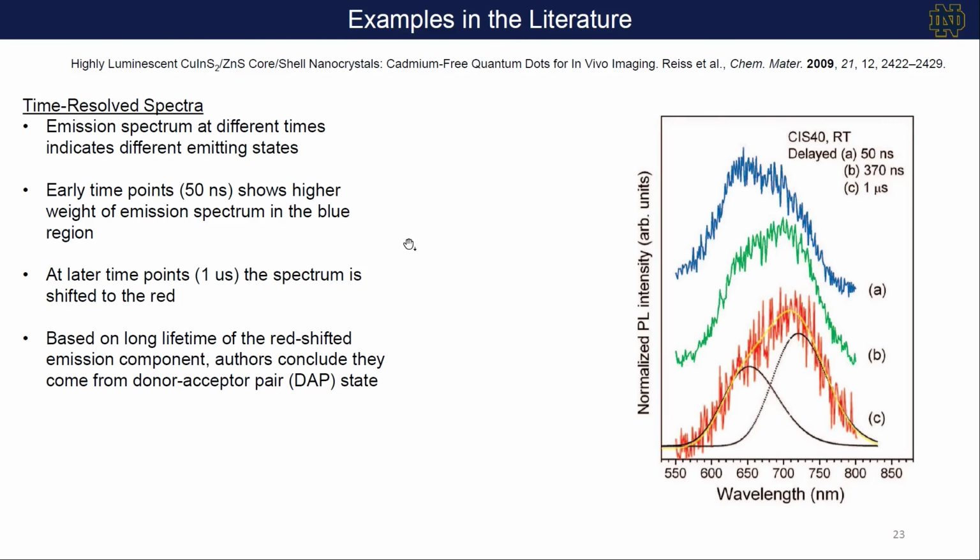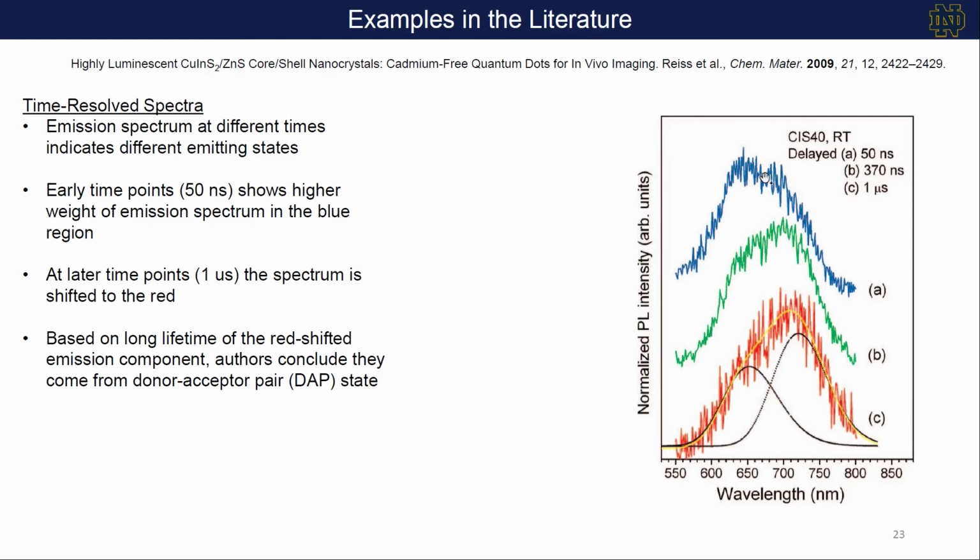Going forward, this is an example of some authors that were looking at copper indium sulfide, zinc sulfide. In this case, what they're looking at is not necessarily PL decay at one wavelength, but actually a time-resolved spectrum, so basically looking at the full emission spectrum at different times, and in this case indicating different emissive states. This blue trace here is the fluorescence spectrum specifically for photons collected at 50 nanoseconds.